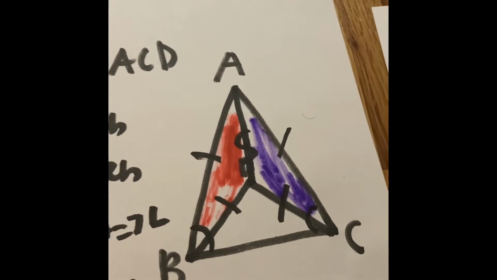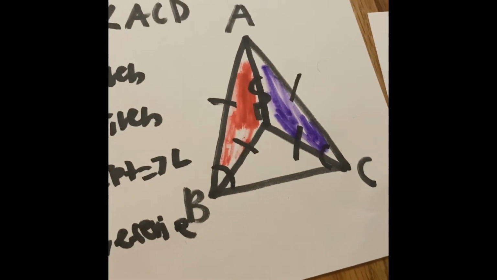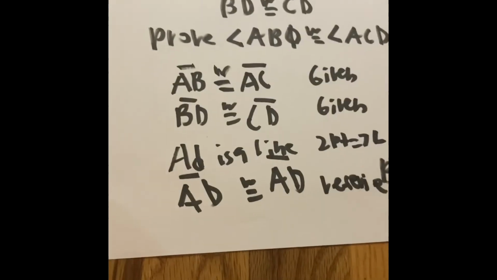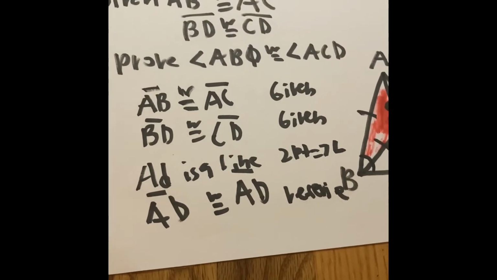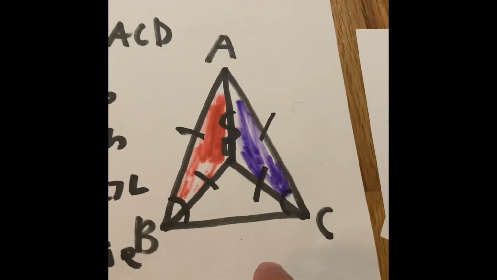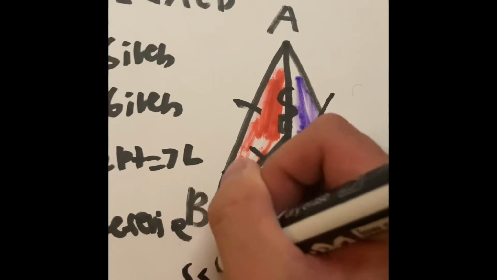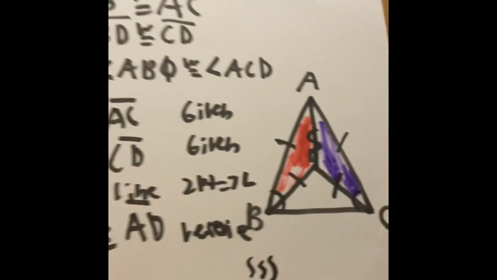So now we can say these two triangles are congruent. But why? We said it earlier in this geometry course: if you have all the parts, segment, segment, segment, you can figure out that two triangles are congruent.